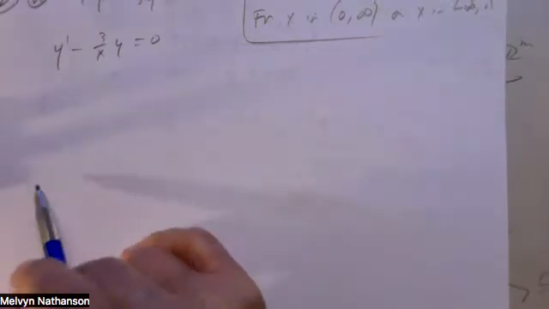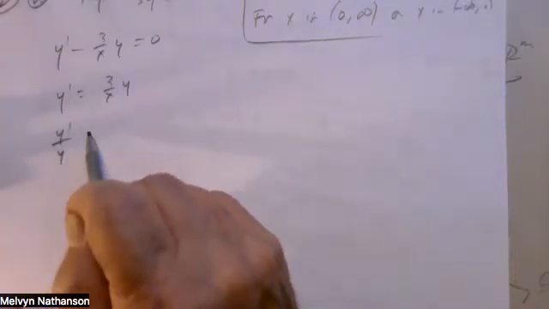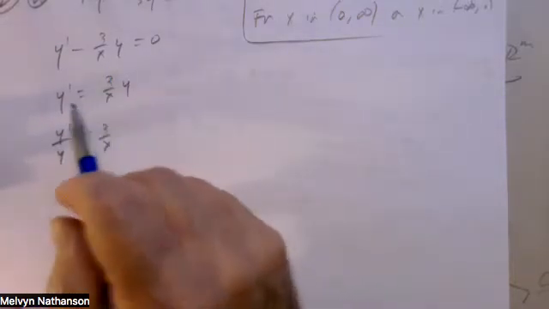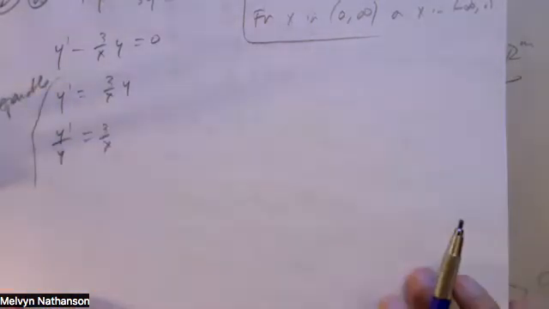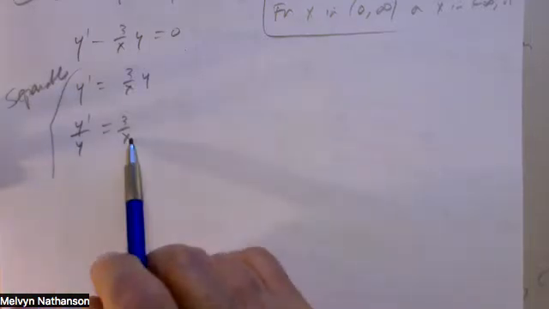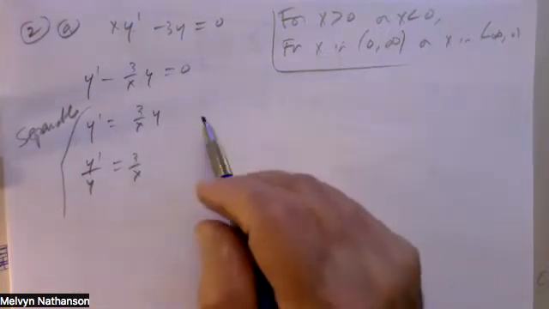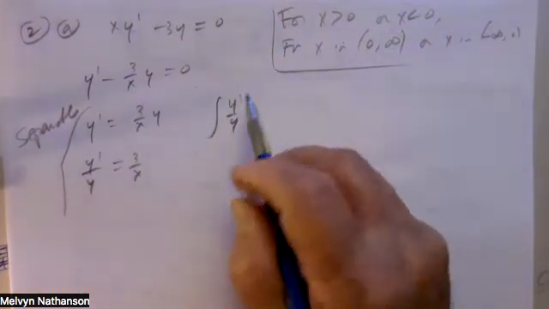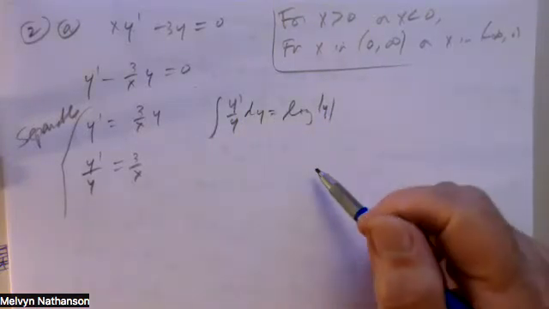And again, there are always multiple ways of solving this. This is y prime equals 3 over x y, or y prime over y equals 3 over x. So this equation is separable. All the y's are on the left, all the x's are on the right. So the integral of y prime over y is the log of y.